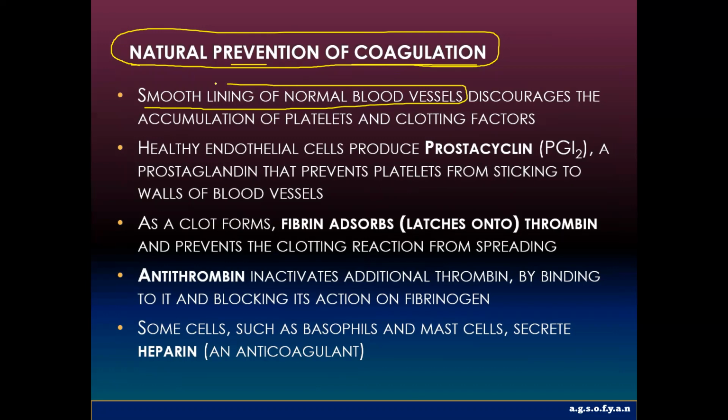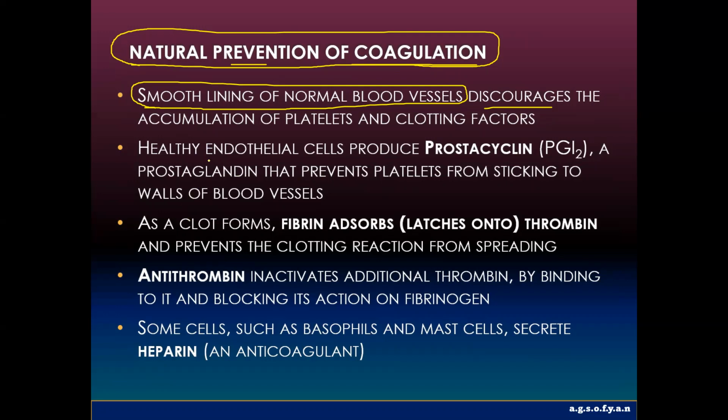This smooth lining will discourage or prevent accumulation of platelets and clotting factors in the blood vessel. So the platelets and clotting factors will continuously flow with the plasma, with the blood circulation. They will not attach to the blood vessel.